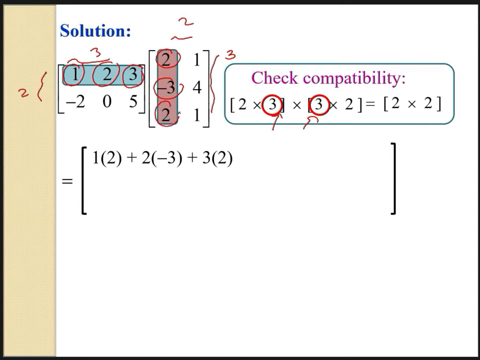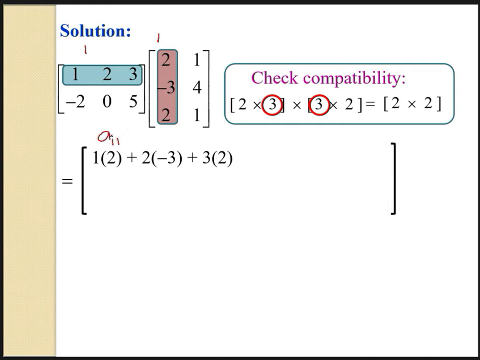If you have more elements in the rows and columns, keep on going. But now we only have 3 elements, so we just stop there. Since we are looking at the first row and the first column, our answer will be situated in the first row and first column of this matrix.